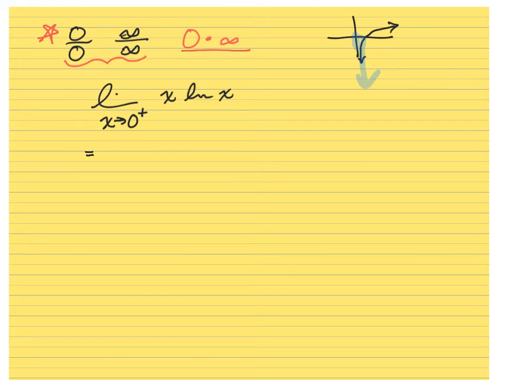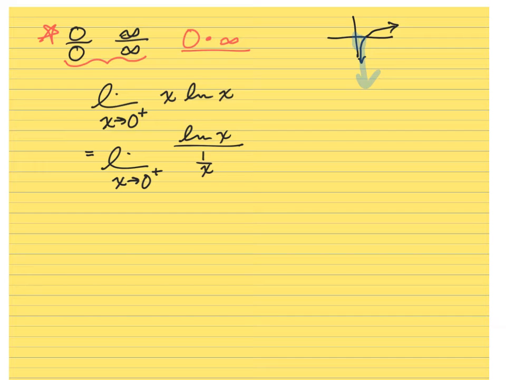All right, so in this case, we can do it like this. This is the same as ln of x over 1 over x. If I just take that x and invert it and put it on the bottom, that's the same thing. I didn't do any calculus there. I just took the x and put it as a 1 over x.